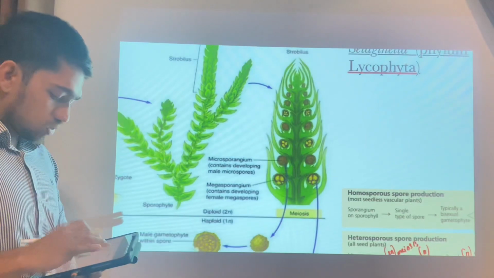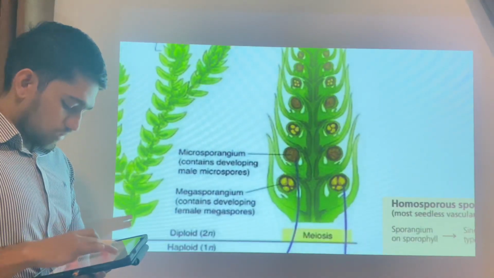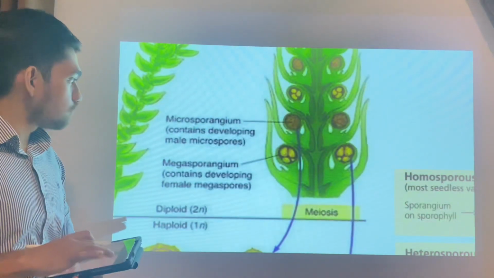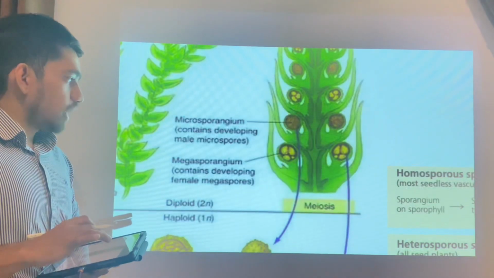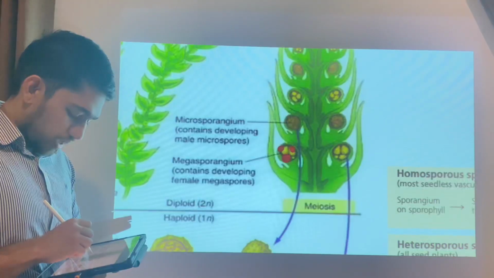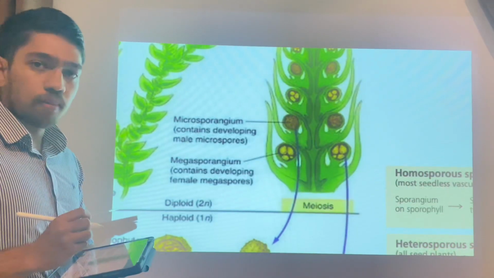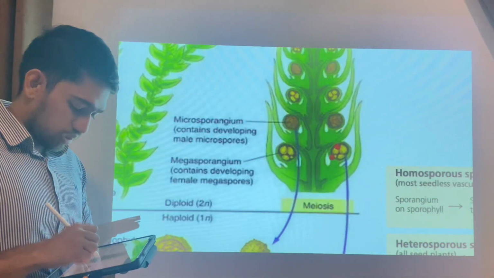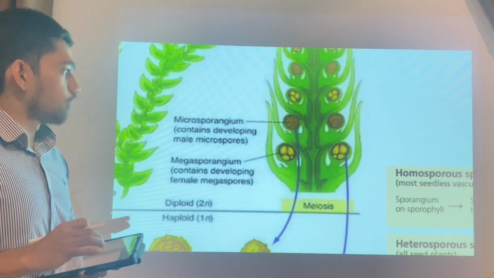So this is that strobilus. If we zoom into a megasporangium, you can see it has 4 megaspores produced inside it, by what cell division? Meiosis. So in each megasporangium we have 4 megaspores getting produced.